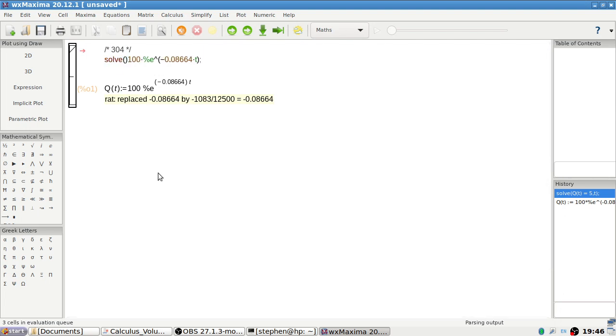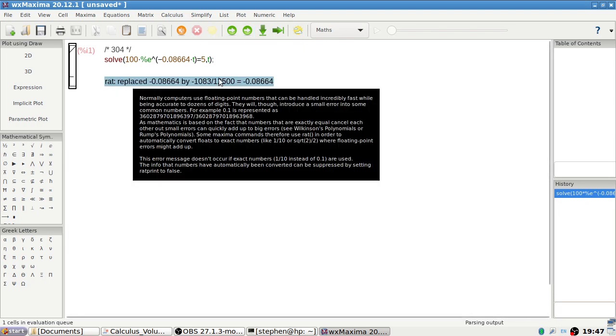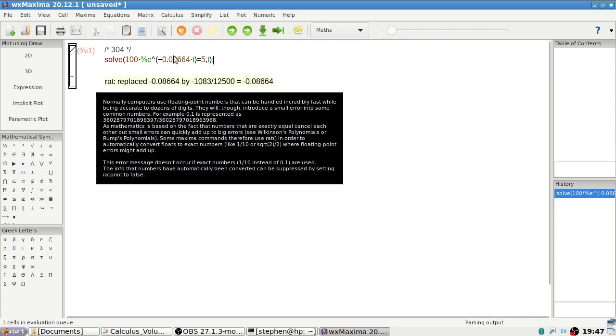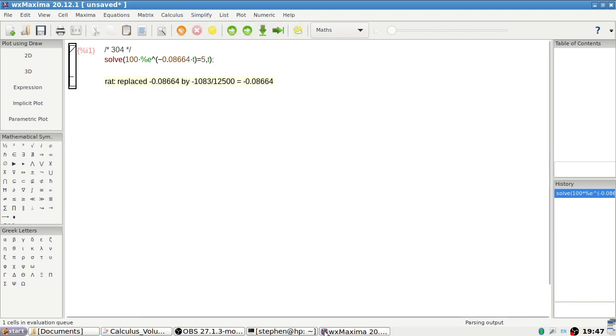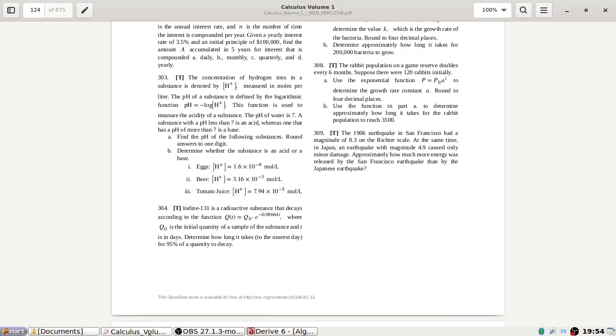Solve that equal to 5 for T. Why does it keep doing this? What's confusing me is I don't know why I can't get this working in Maxima.